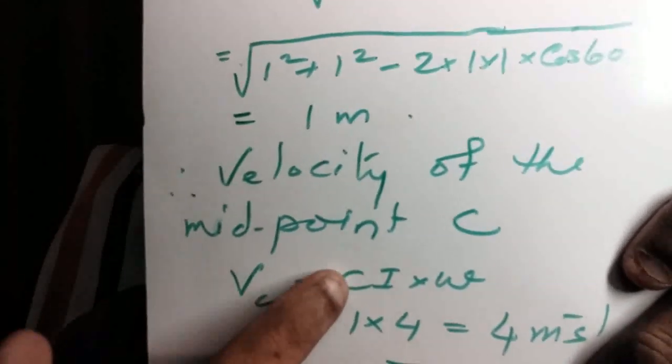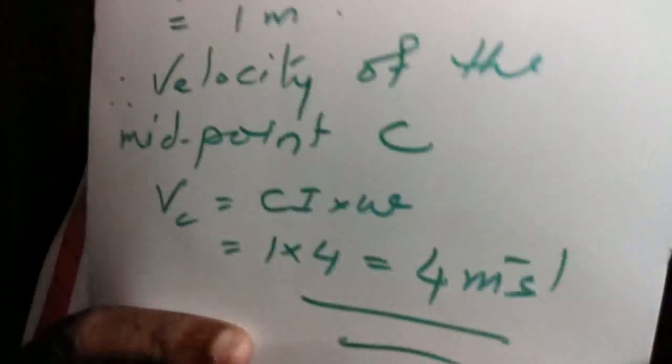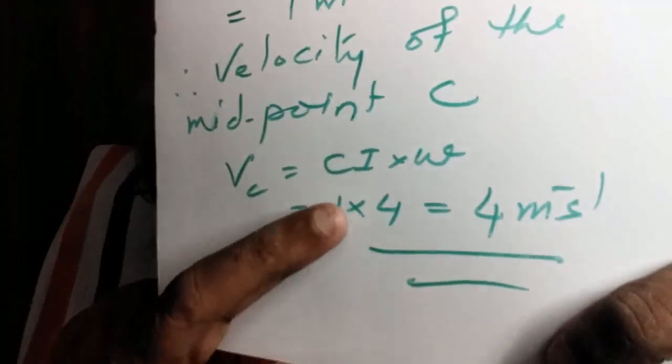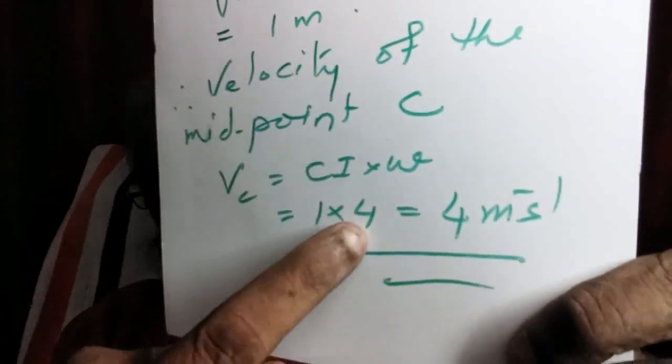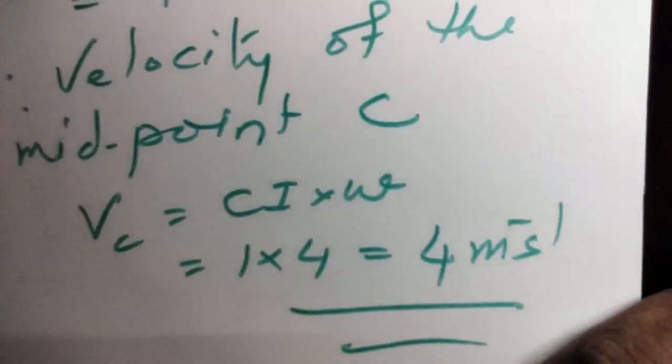VC equals CI into omega, because as far as motion of the point C is concerned, CI is the radius, because I is the instantaneous center of rotation. So VC equals CI into omega, where CI is 1 and omega is 4. So 1 into 4, or 4 meters per second.